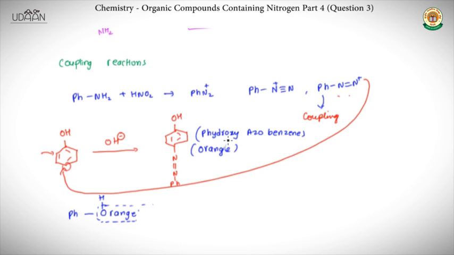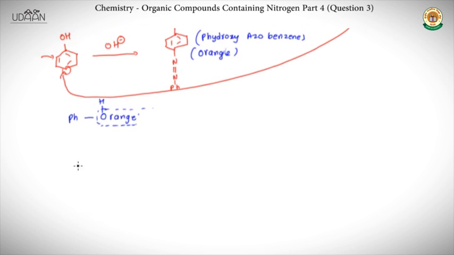Now let us see what is the case with PhNH2. You have PhNH2. Here you use acidic medium. pH range is between 5 to 6.